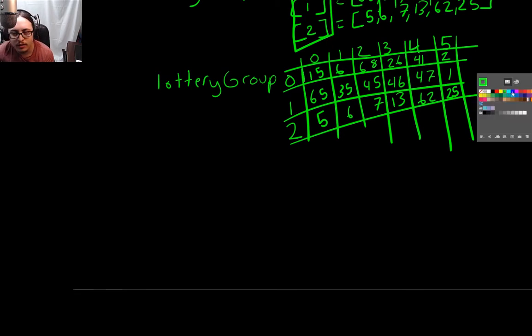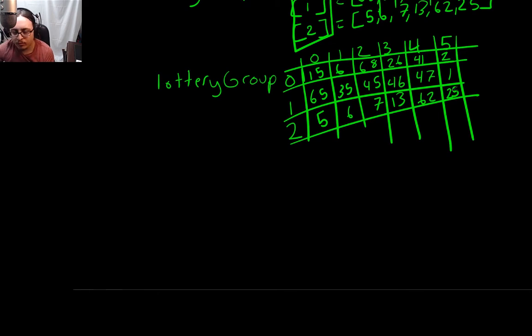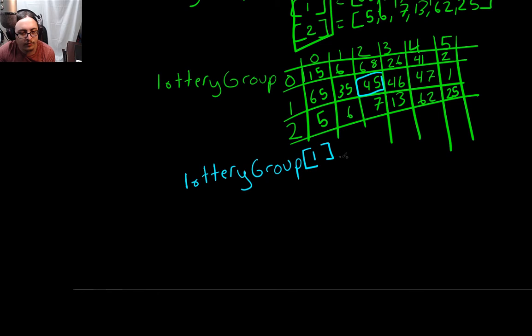All right. So now, let's say we want to reference this one, this 45. So how would we do that? Well, we would do lottery group position 1, position 2, right? And that would reveal 45. Let's do another one.